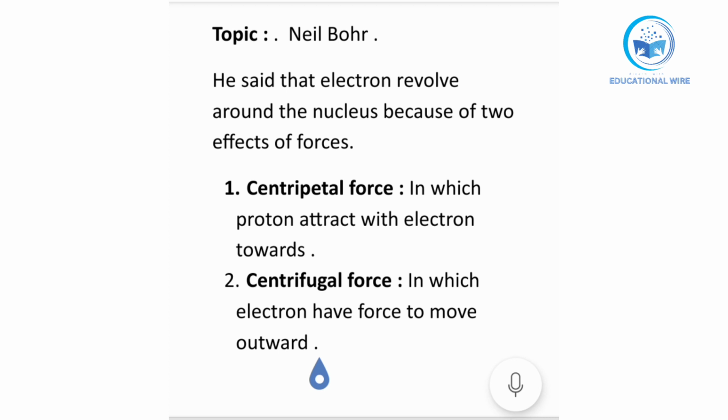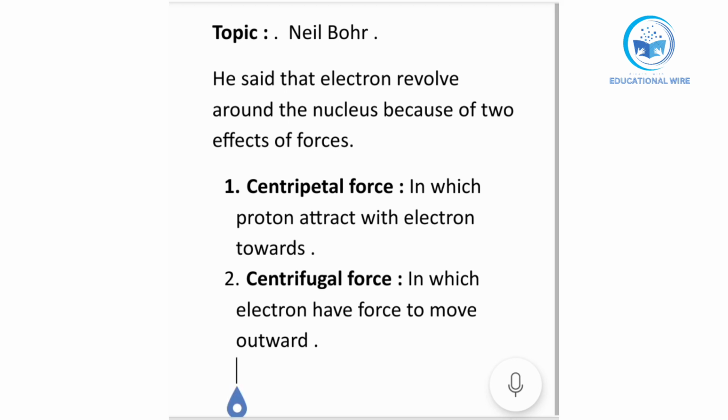But we said that the electron is stable in the orbit of the atom, while here we are saying centripetal attraction and centrifugal outward. So why? If it does attraction, it will join with the proton. If it goes outward, it will be out of the atom.